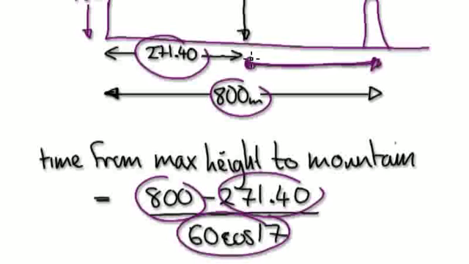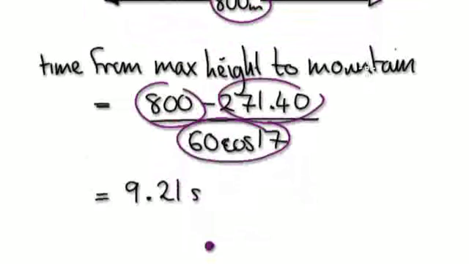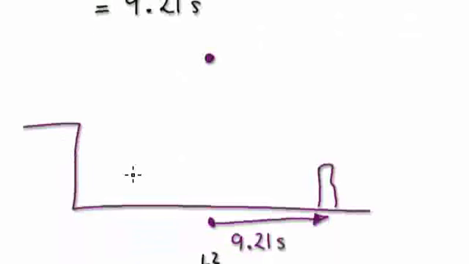That will then give us the time in seconds it would take to get from here to here. So we know that it takes 9.21 seconds to get from here to here.